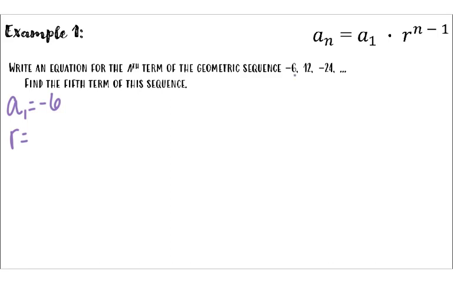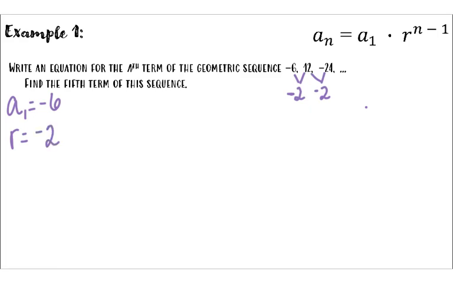To get from -6 to 12, I know they're multiplying by 2, but how did that become a positive 12? I needed to multiply by -2. So -6 times -2 gives me a positive 12. Positive 12 times -2 gives me -24. So my common ratio is -2.